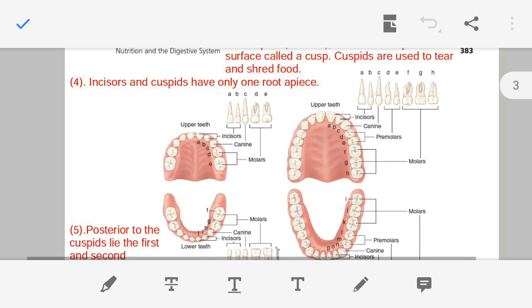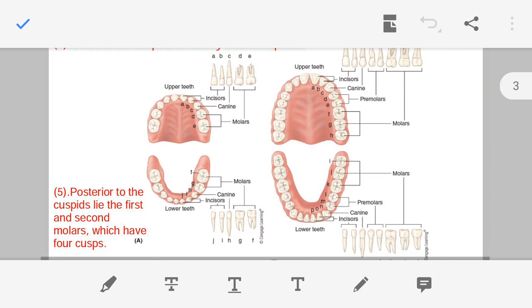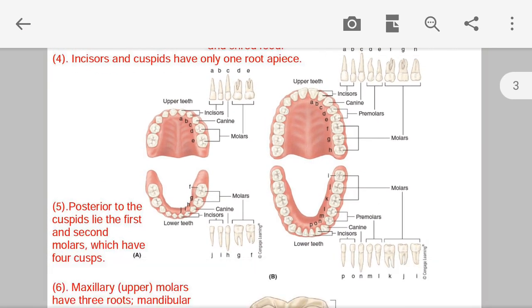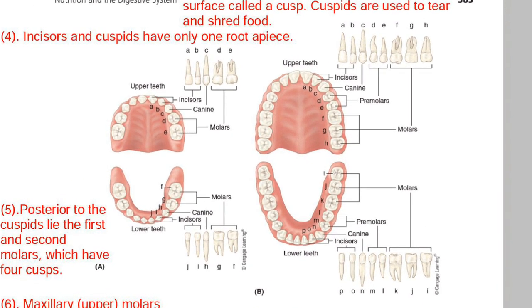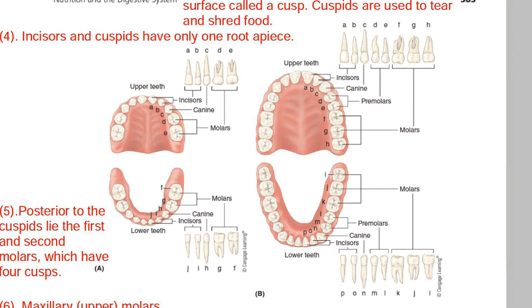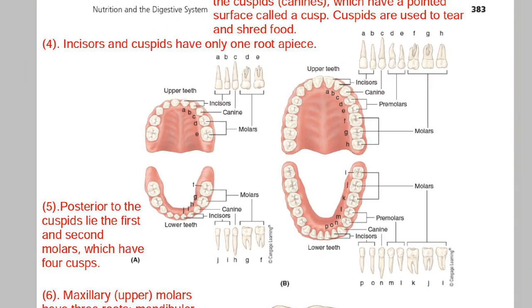Before we move on, I will show you this entire figure so that you can have a proper idea regarding the cusp and the root. You can learn this on your own, but I am explaining it now.